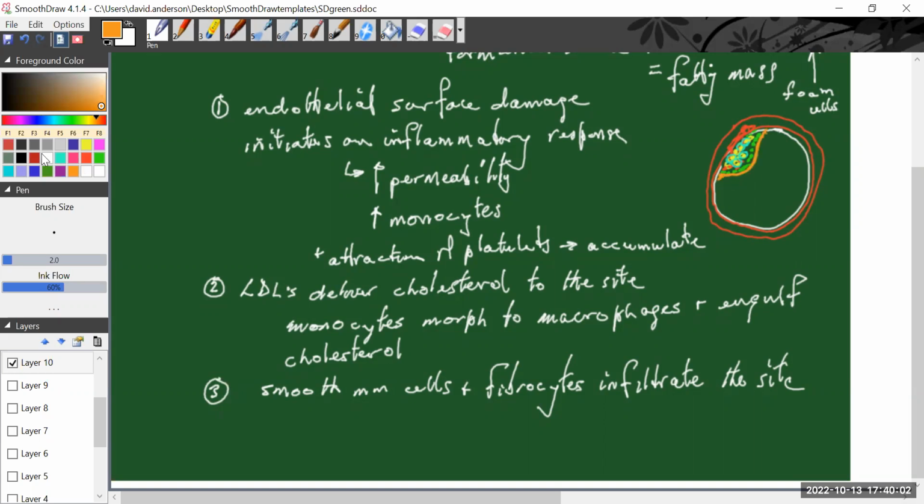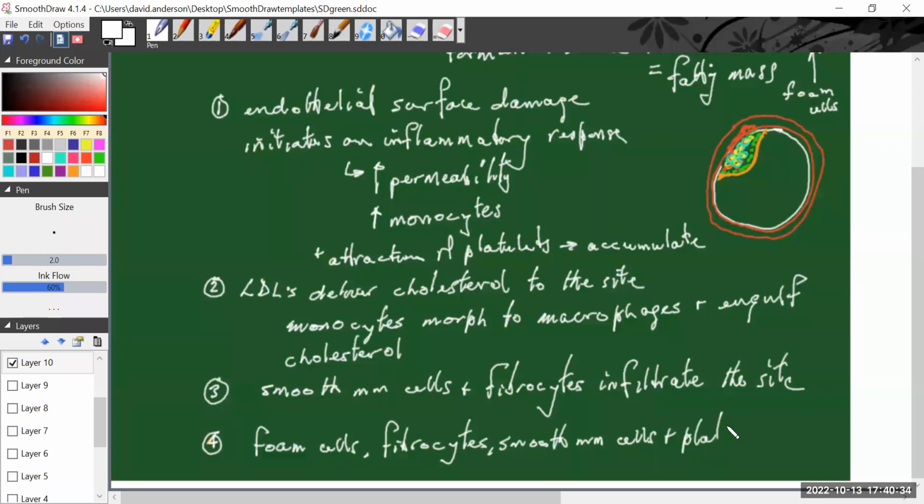So what we get in our progression here is the foam cells, which were made from cholesterol in the macrophages, the fibrocytes, fibroblasts, or fibrocytes, and the platelets grow and form the atheroma.